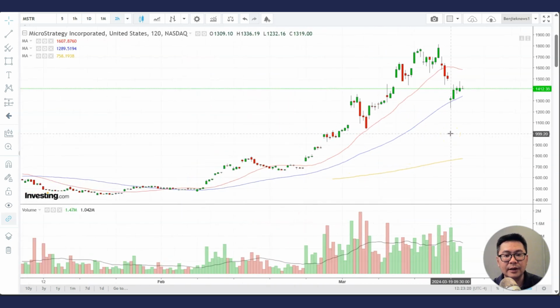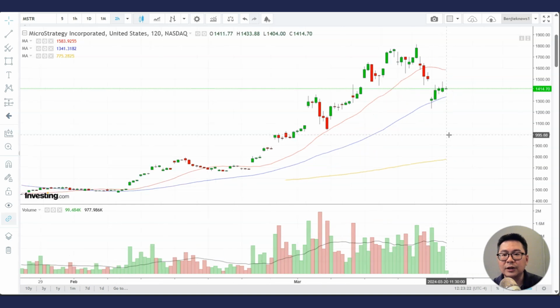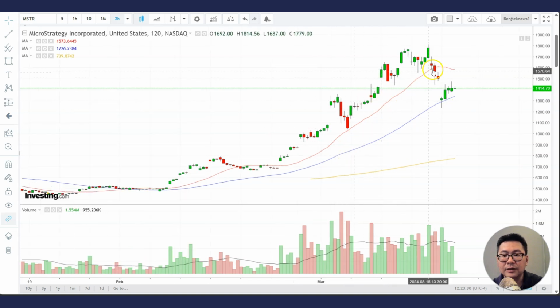Now you can see that the 2-hour chart is not looking very good at the moment for Microstrategy. Why? Because the stock is below the 2-hour 20 MA. It's just a very simple trend following tool that I use. You can use many kinds of trend following tools that you want.